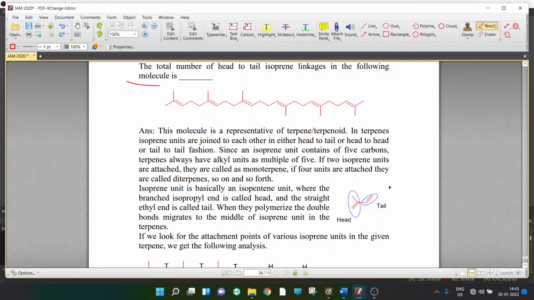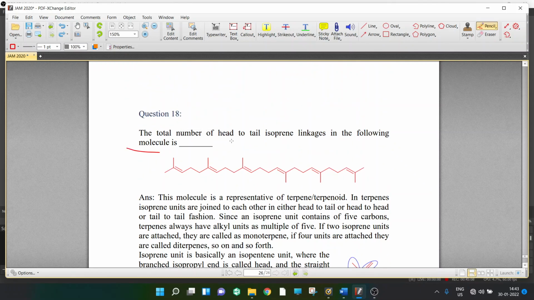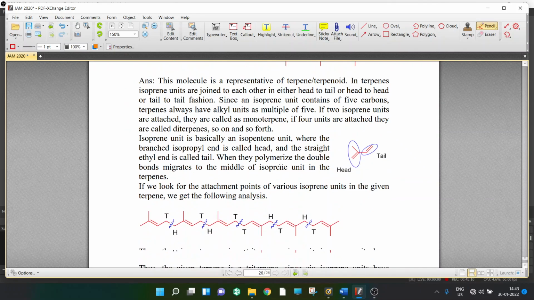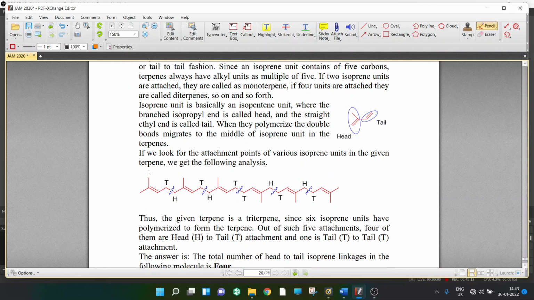So what's the question? The question says how many head to tail linkages are there. So look at this molecule. Here this is the head, the isopropyl part, this is the ethyl part, so this is the tail, and it is joined with this part, this is the isopropyl part. So this is the head to tail arrangement.